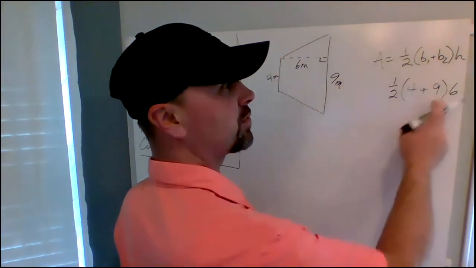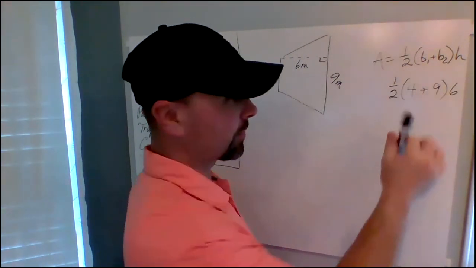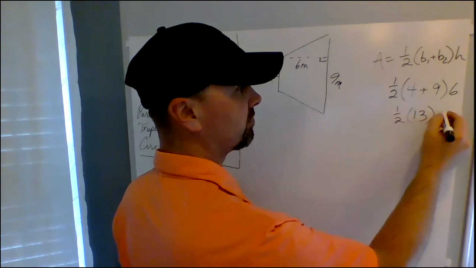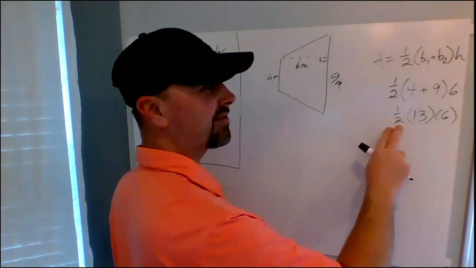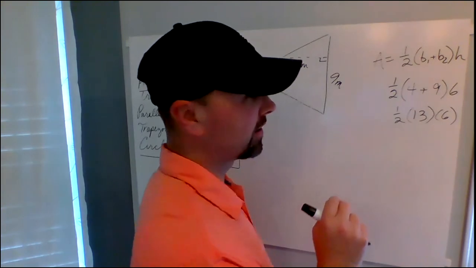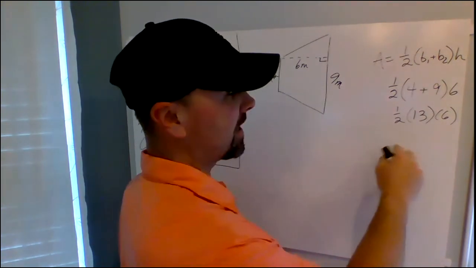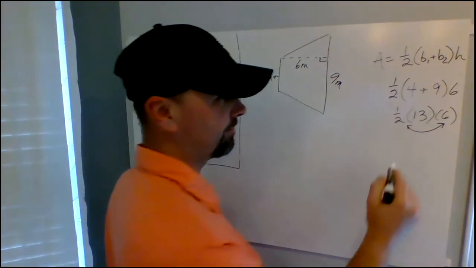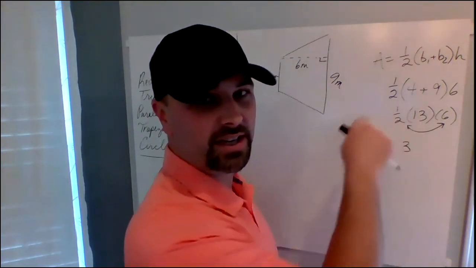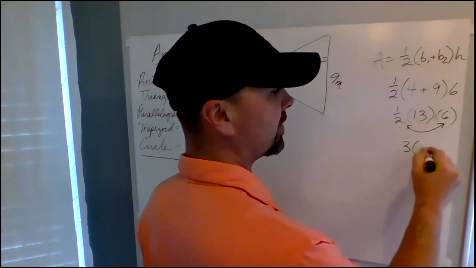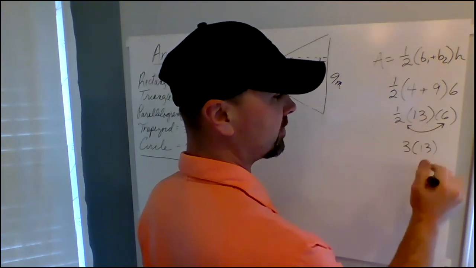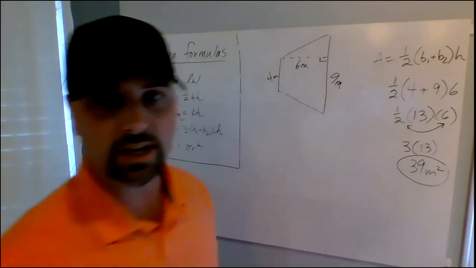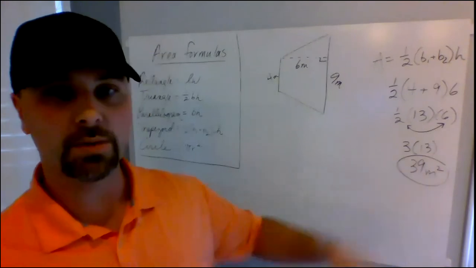So order of operations says we must do the parentheses first. 4 plus 9 is 13. So I'm doing 1/2 times 13 times 6. In this case, I think I'm going to multiply these two numbers together, 1/2 times 6, because that's easy. That's 3. Cutting 13 in half is going to give me a decimal. So 3 times, bring down the 13, 3 times 13 is 39. So the area of that trapezoid is 39 square meters.